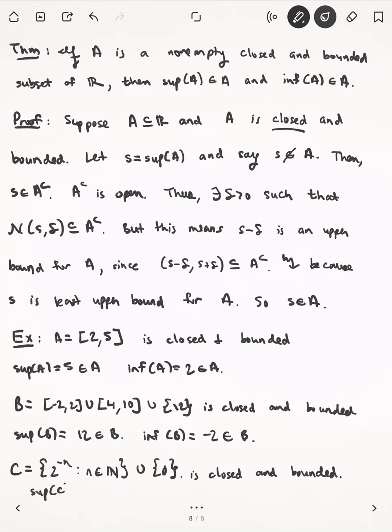The supremum of C is 1/2. Sorry, for some reason it's not writing. 1/2, which is an element of C. The infimum of C equals 0, which is an element of C.